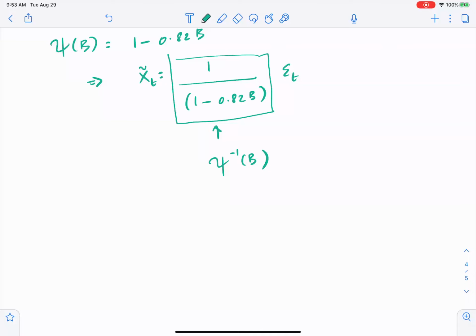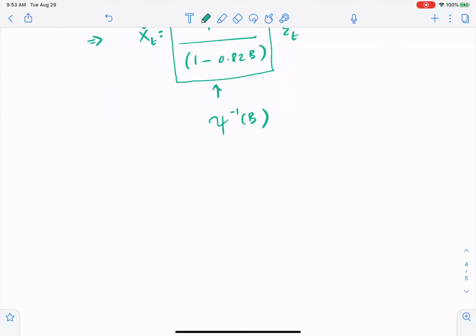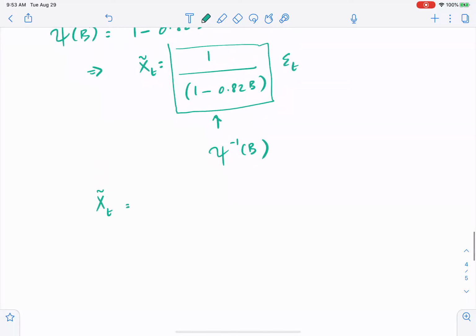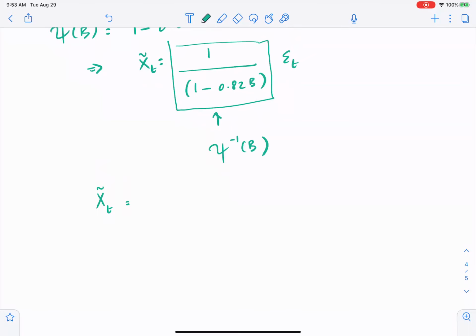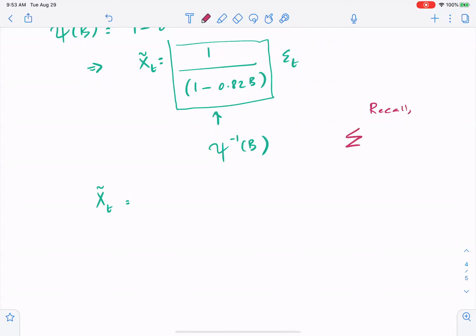So what I'm going to do is rewrite psi raised -1 of B as a series. Side note, geometric series.